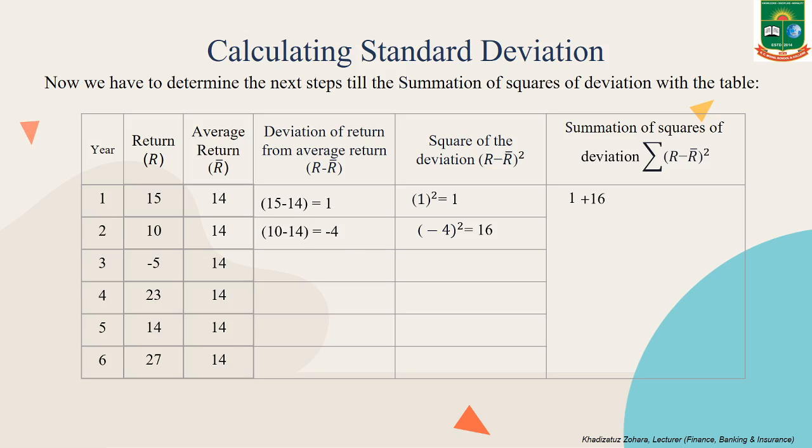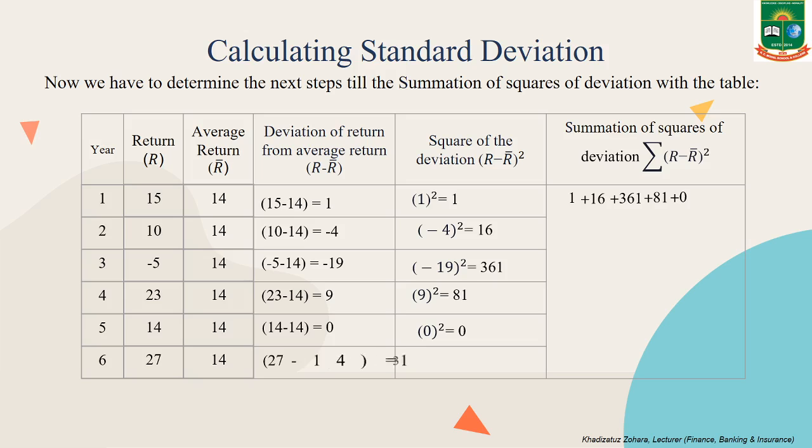In the third row, -5 minus 14 equals -19. -19 square equals 361, plus 361. 23 minus 14 equals 9. 9 square equals 81. 361 plus 81. 14 minus 14 equals 0. 0 square equals 0. 81 plus 0. 27 minus 14 equals 13. 13 square equals 169. 0 plus 169.